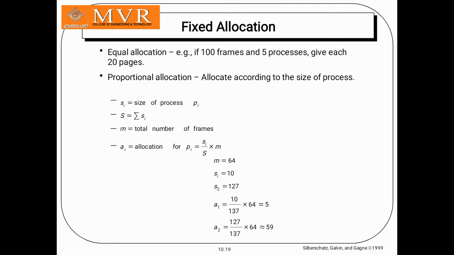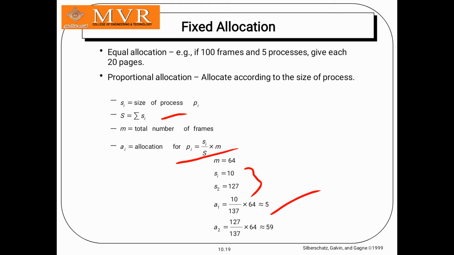For example, M equals 64, S1 equals 10, and S2 equals 127. Then using the formula, a1 equals 10 divided by S, where S means sigma Si, that is S1 plus S2.